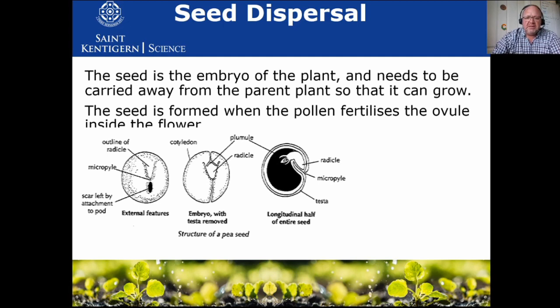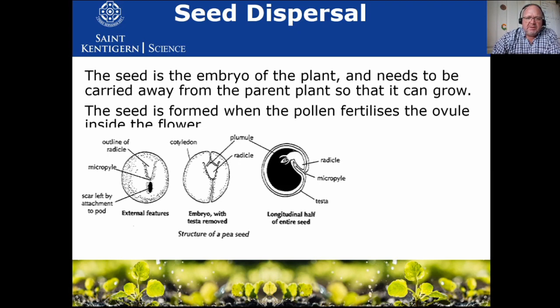So the cotyledon is the one that allows it to grow. And then the first thing that comes out is called the radicle, and the radicle is the embryonic root. So it's that first little root that forms. And then after that, it sends out a plumule, and the plumule is going to be growing up.